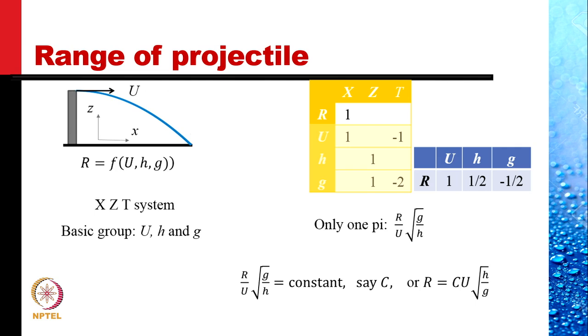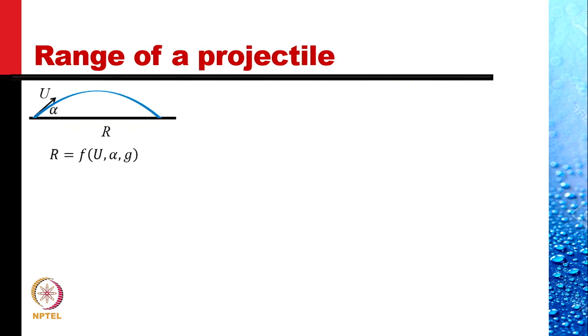We do more of projectile problems. Let's get a little more complicated. Now we have a horizontal plane and we project a projectile with a velocity u at an angle alpha to the horizontal. And we want to determine the range. The range clearly would be a function of u, angle alpha, and g, the acceleration due to gravity.